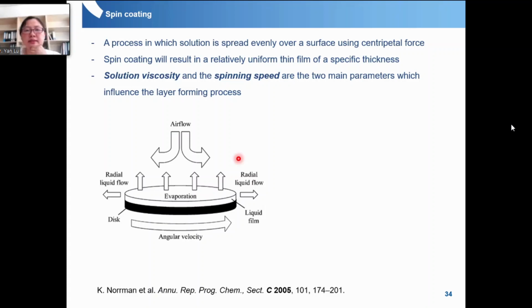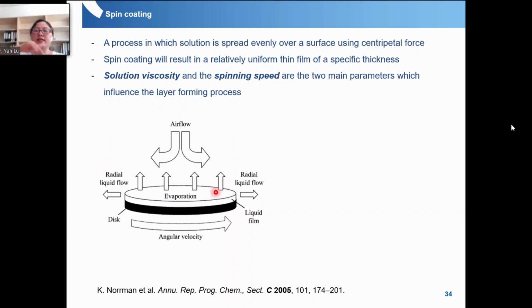Another method we will discuss today is, of course, spin coating. Spin coating, I should say, is one of the most often used methods in the lab. This is often what we actually use, so this is a lab-based method. In the process, you put a drop of your dispersion on a substrate.